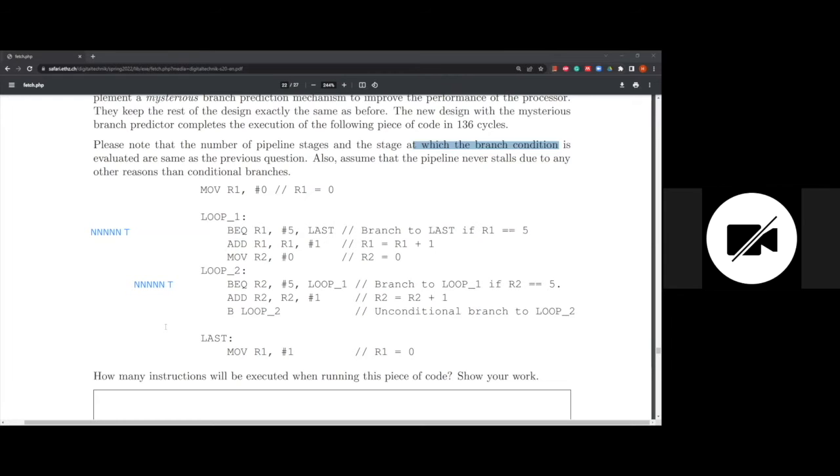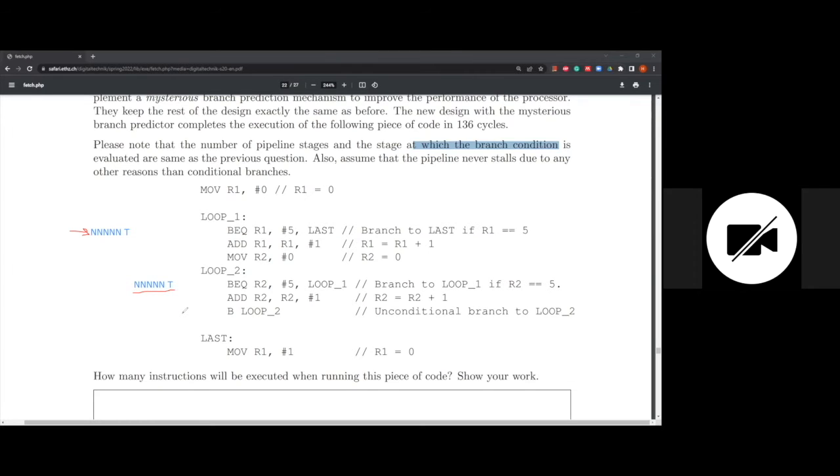Here, one thing you need to keep in mind is the order in which these branches are executed. Once we execute the first branch once, and it is not taken, this second branch will go through all of these outcomes, right?